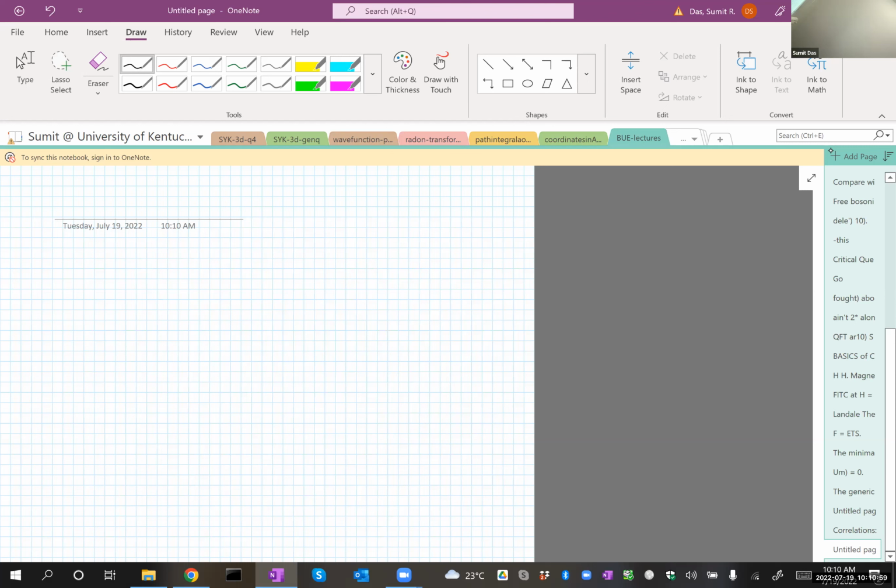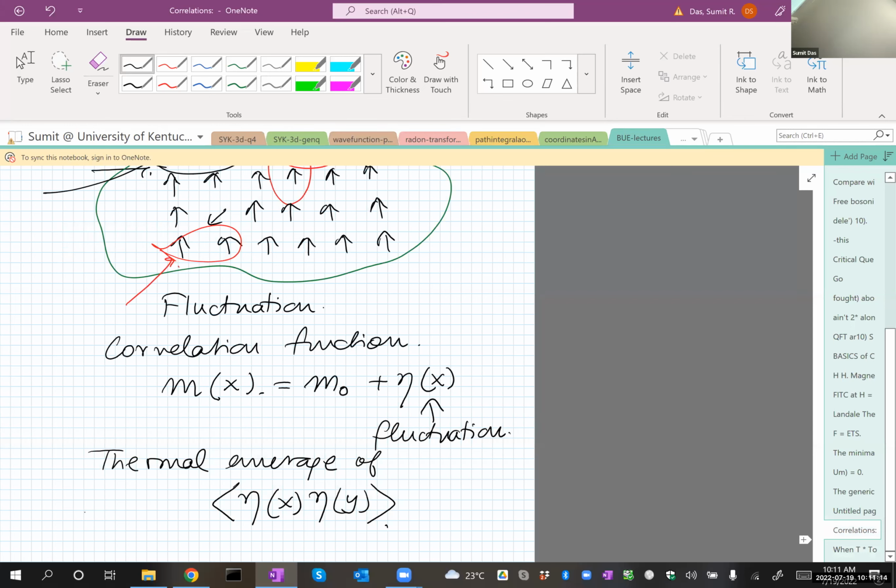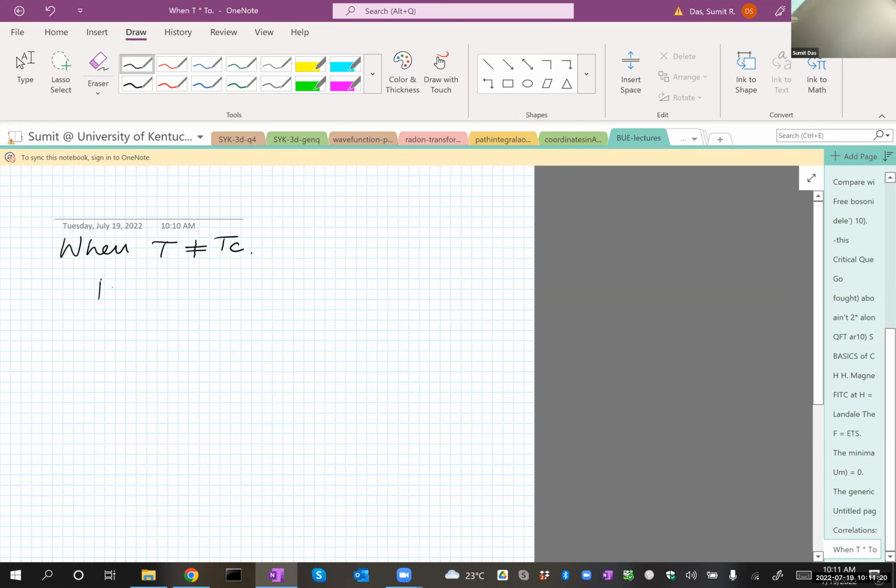And the result of this Landau theory is the following. When T is not equal to Tc, this correlation function, I'll not even call it eta, has a property that it goes as e to the minus m times the absolute value of x minus y, for x minus y, which is the distance between the points, large enough.